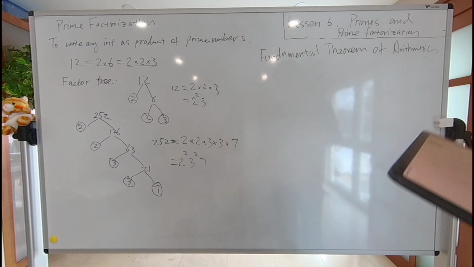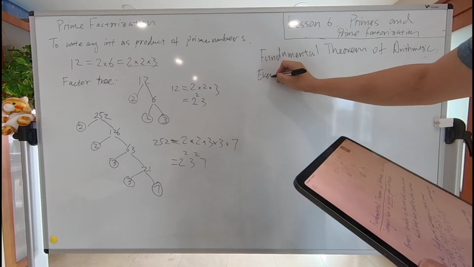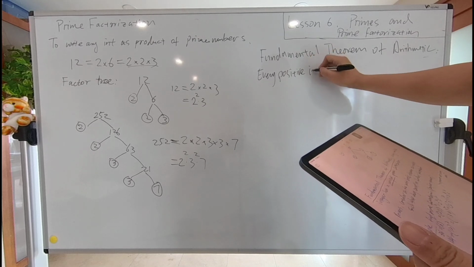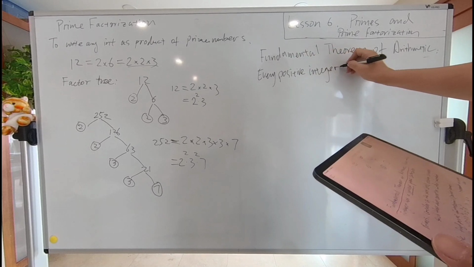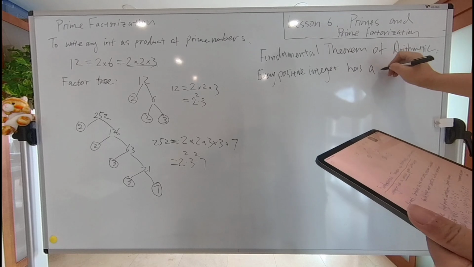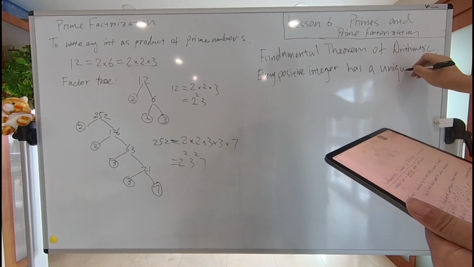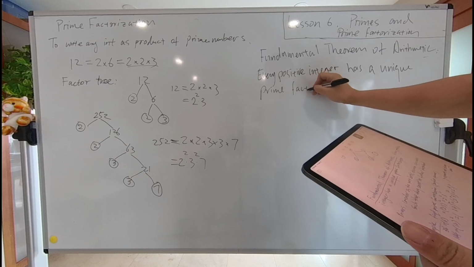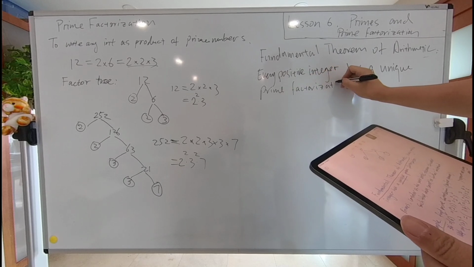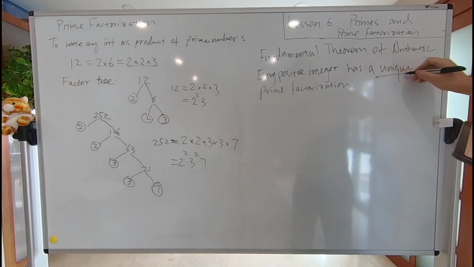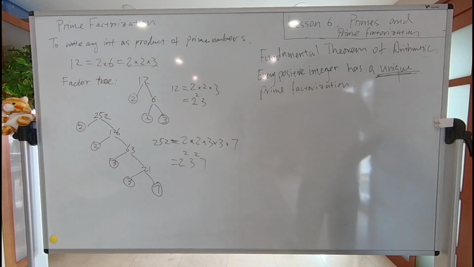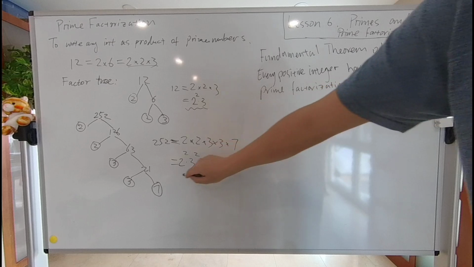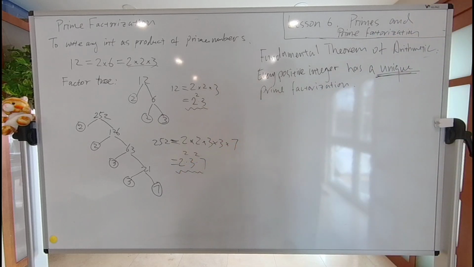This tells us that every positive integer has a unique prime factorization. Okay, unique prime factorization, which means this is a unique combination.